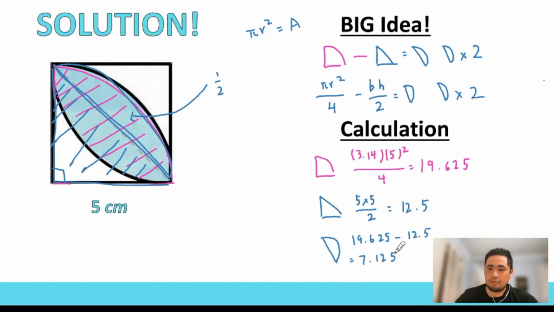And finally, once again, because there's 2 of those half-size footballs, we need to multiply it by 2. So 7.125 times 2. And that will give us our final answer of 14.25 square centimeters.